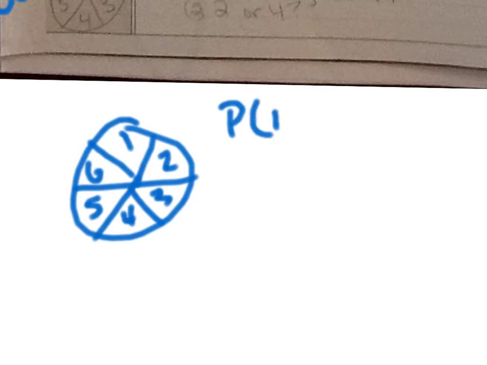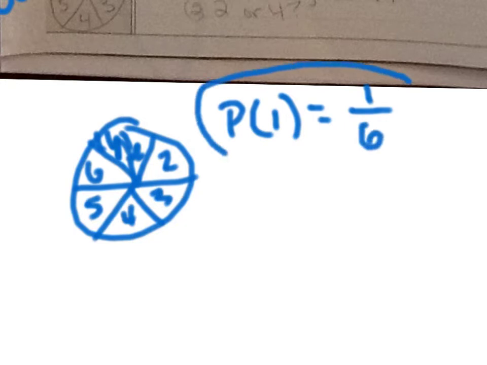Well, there are 6 sections. There's only one way that I can land on 1, and that's if I land in this cube right here. So it would be 1 out of 6, so the probability of landing on 1 would be 1 out of 6, or 1/6.